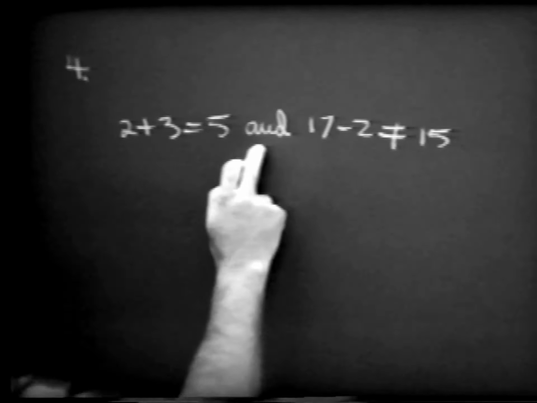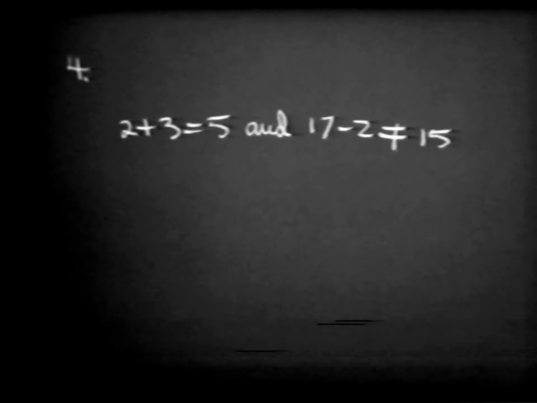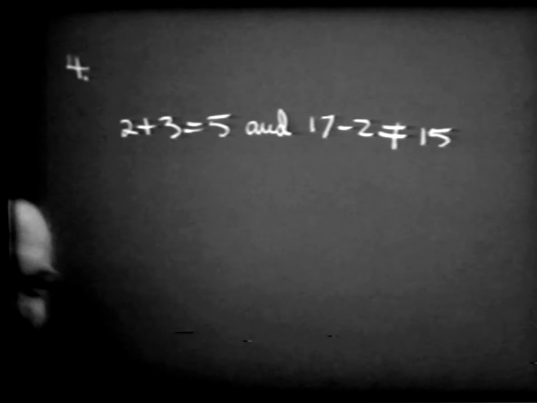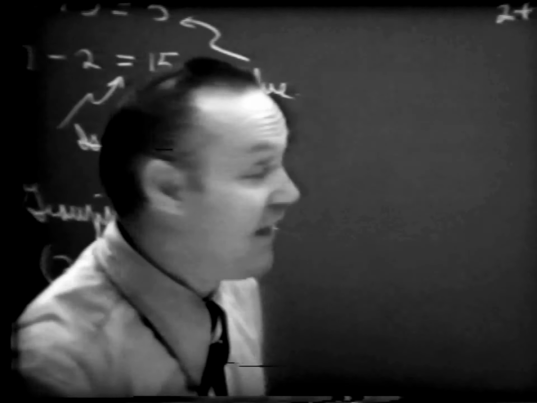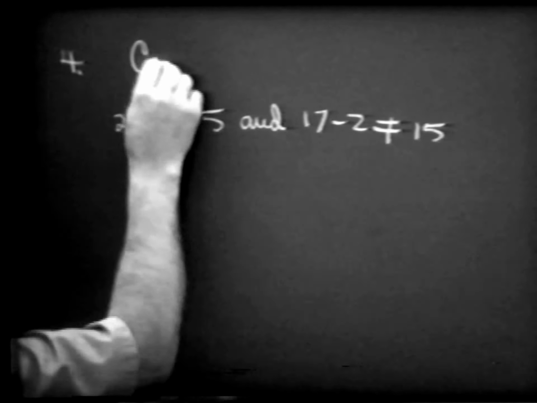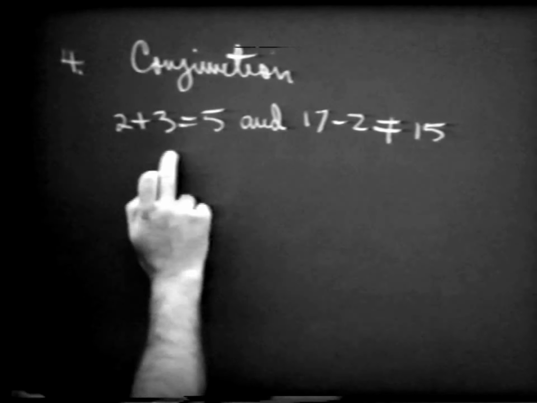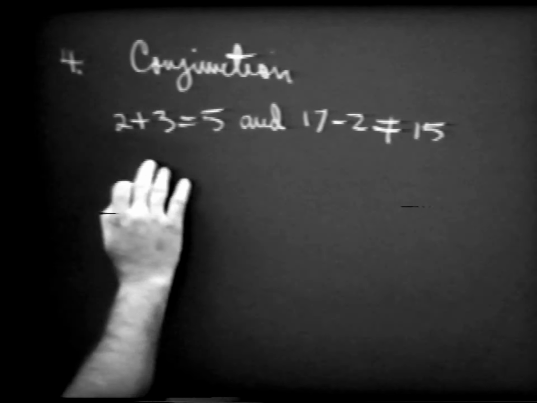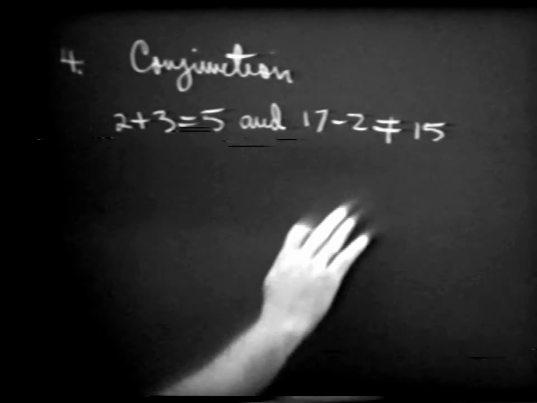One word is the word and, in which I now have what we might think of as a compound statement. We give that a special name because of the word and. Does anyone remember what that might be? None? This would be the conjunction, C-O-N-J-U-N-C-T-I-O-N, conjunction of the two given statements.